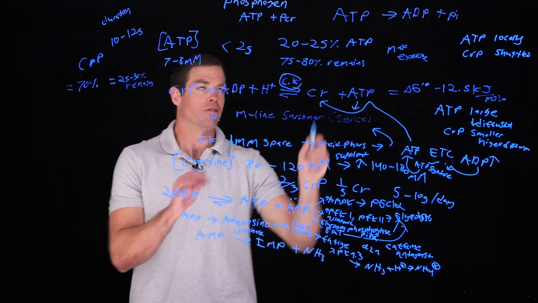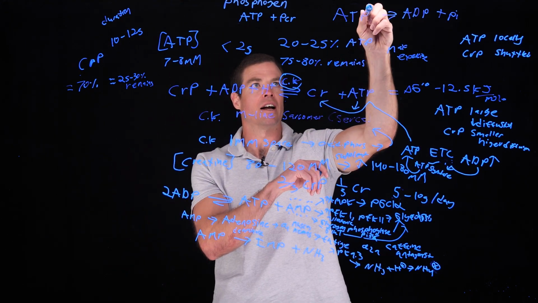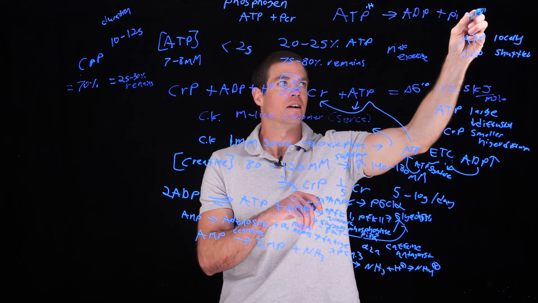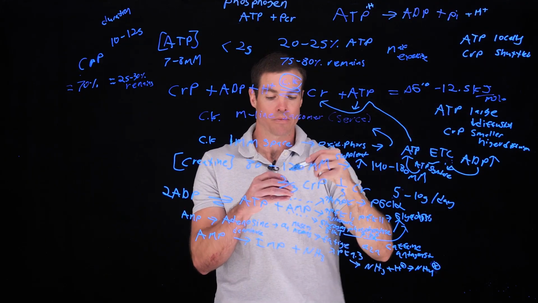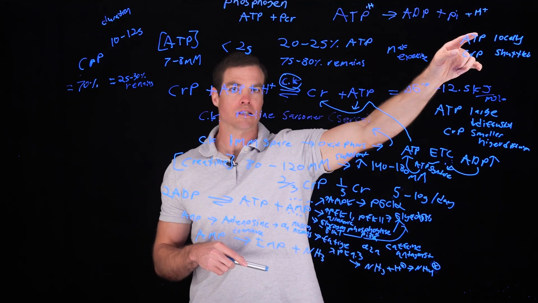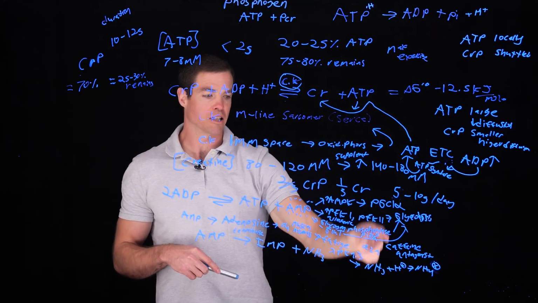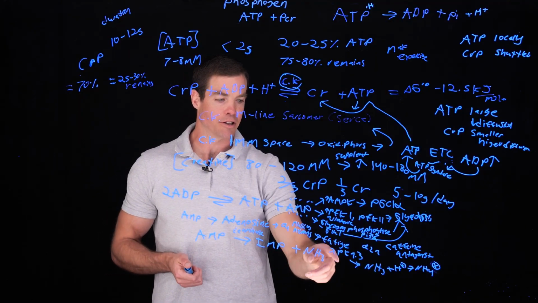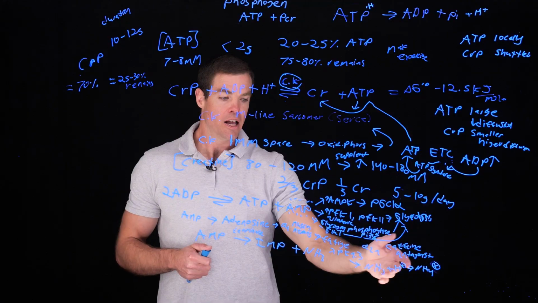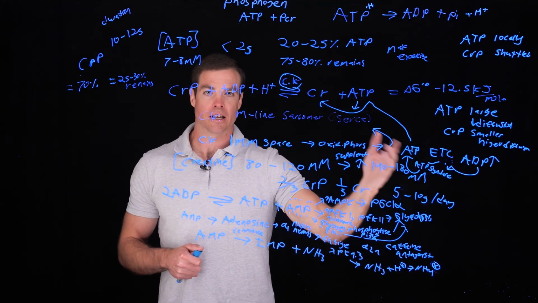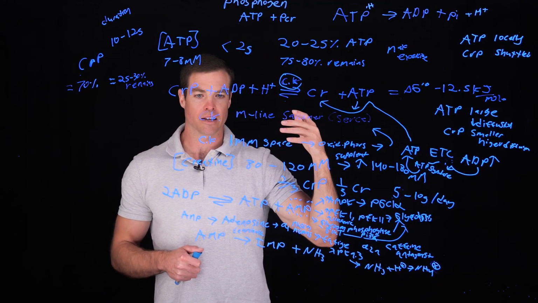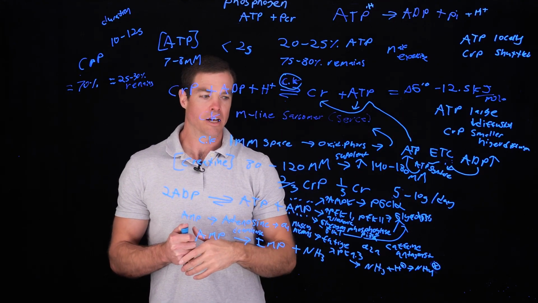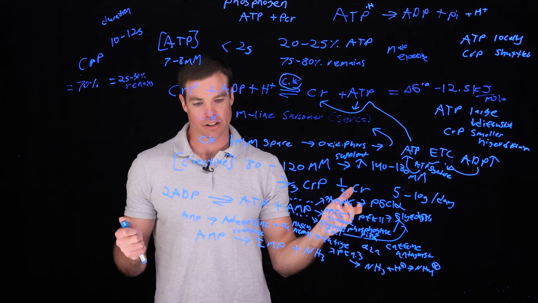ATP hydrolysis ends up creating protons, and these protons can be picked up by the breakdown of AMP to IMP, and then you form ammonia and then ammonium. Then ammonium can be recycled in the urea cycle with different enzymes, and it basically gets excreted out.